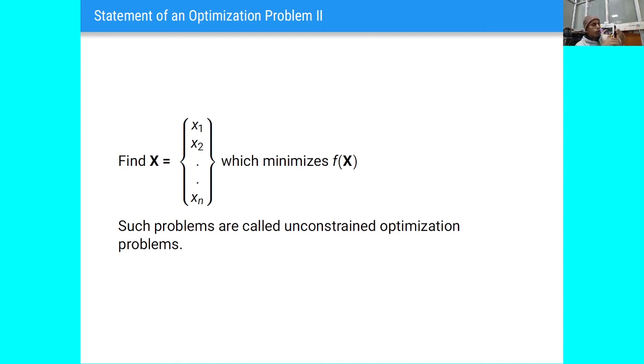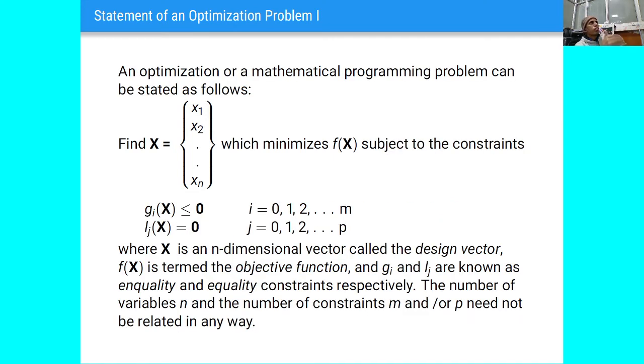So in real life, the problems are normally constrained problems. We have certain constraints, like the die diameter cannot be more than 2 mm, or there may be other constraints also that we will take up during the discussion of problems in optimization.